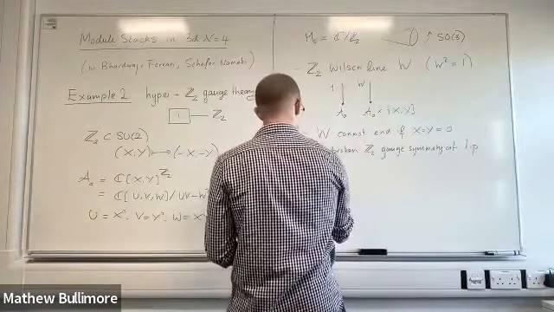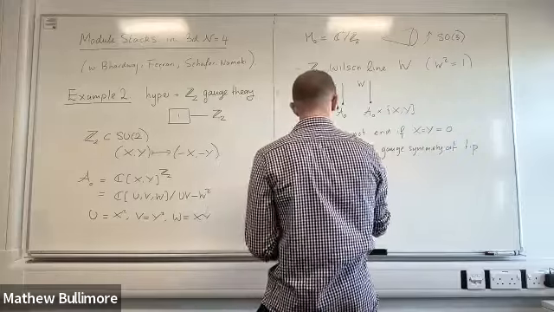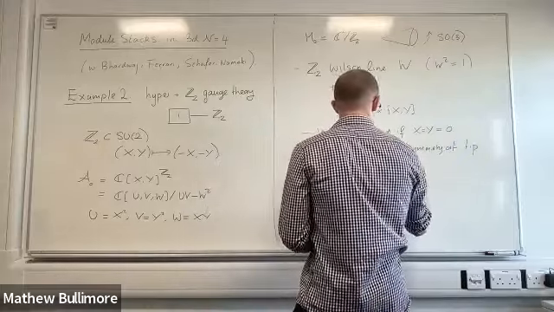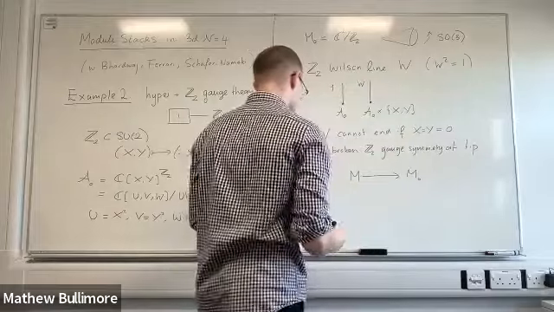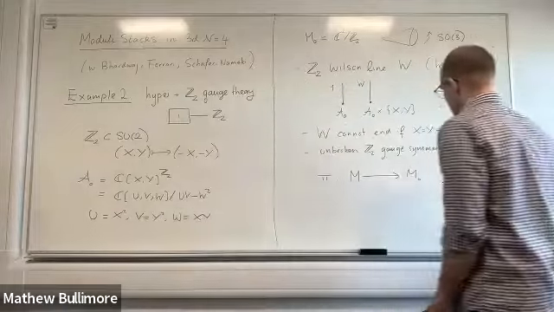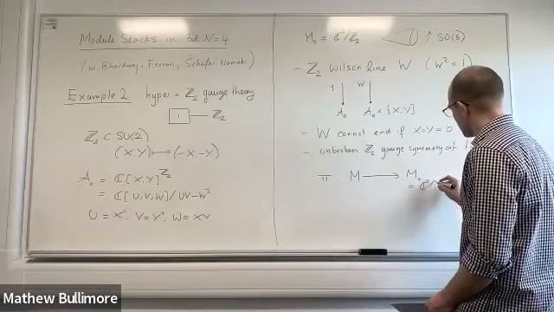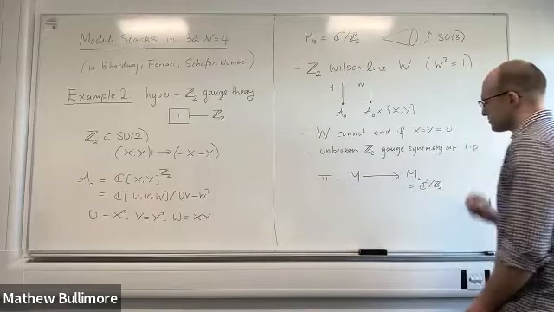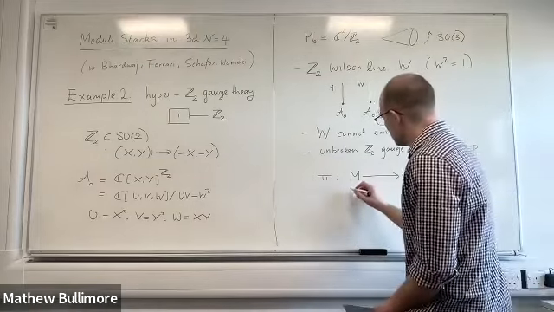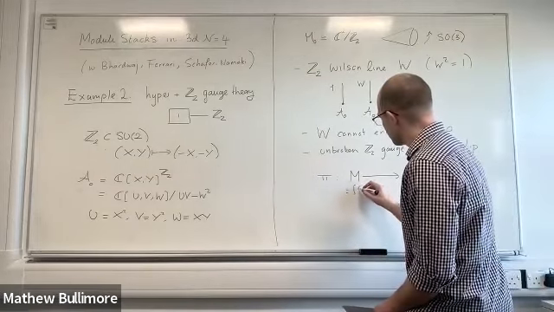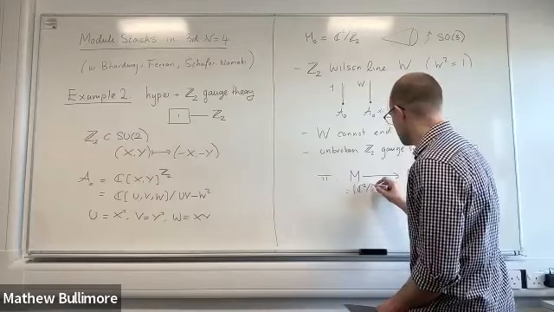So what's the picture? Well, here's our projection pi from M to M0. And we said that M0 was just C2 mod Z2 as an algebraic variety. Well, what's the stack? Well, the stack is something called the stacky quotient.